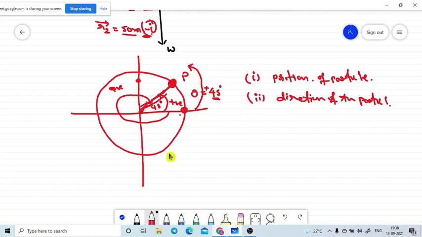That is the information this theta value gives: the position of the particle, where it is located, at a 45 degree angle, and in which direction, the anti-clockwise direction.